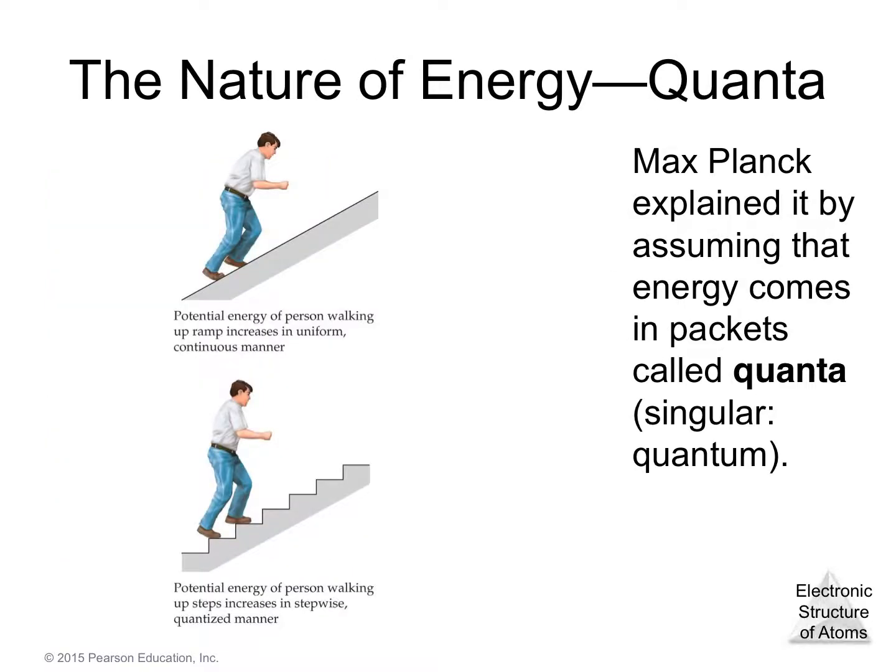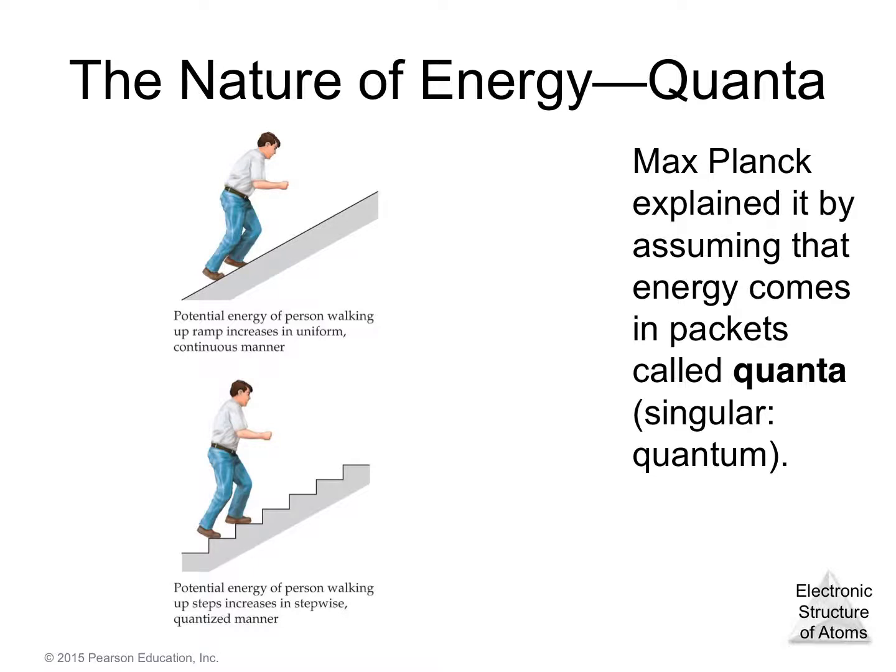A scientist named Max Planck made an assumption that went a long way towards explaining that relationship. He said that energy comes in packets, which we call quanta or quantum. So an atom can't gain or lose just any amount of energy.